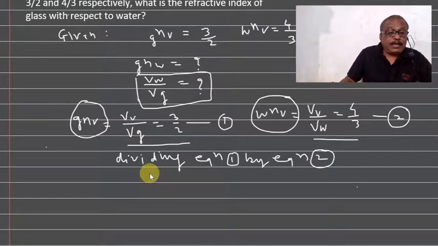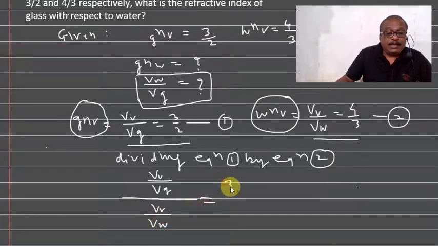So equation 1 is velocity in vacuum upon velocity in glass, upon the left hand side, velocity in vacuum upon velocity in water. Now right hand side, 3 by 2 upon 4 by 3.